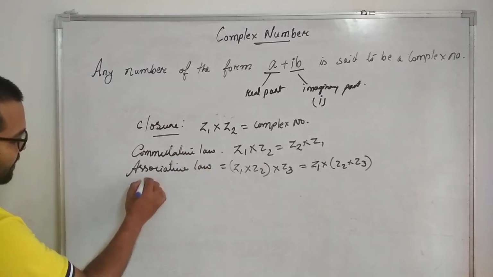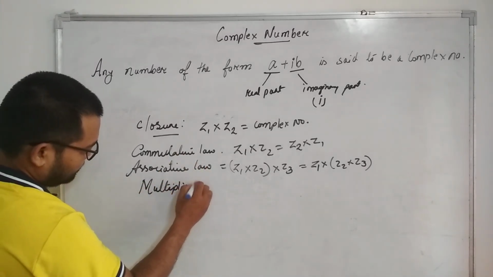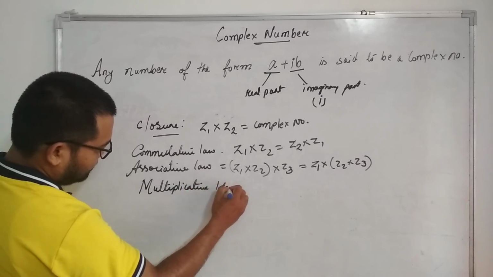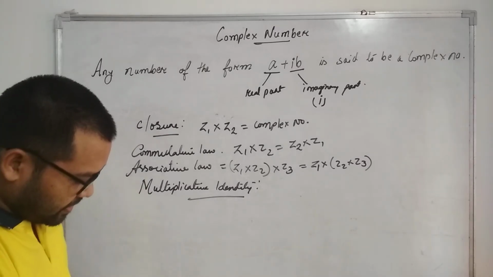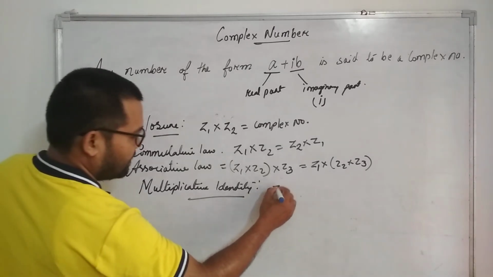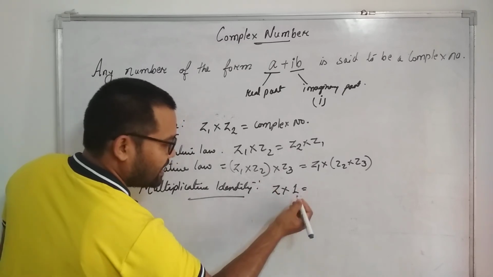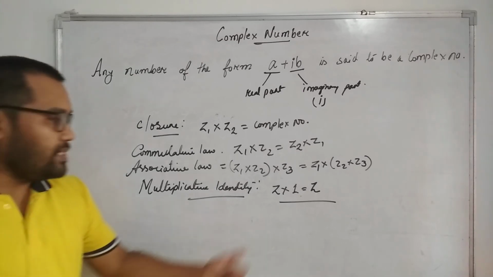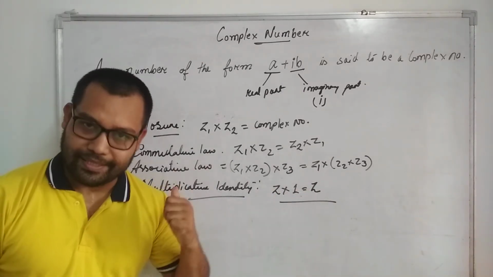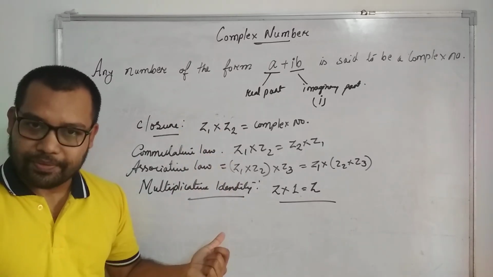Next we have the multiplicative identity. Whenever we multiply a complex number with 1, we get the same complex number. That is z into 1 equals z. This is the multiplicative identity of a complex number.